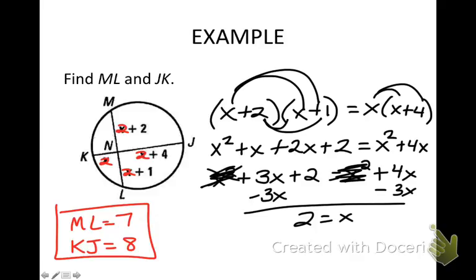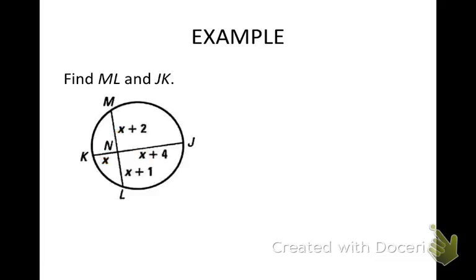Okay. So if two chords intersect inside a circle, then you take the product of the segments and set them equal together and solve from there. All right, so that's chords inside. Then we got into what happens if your intersection is outside, and that's where it gets a little bit funkier.